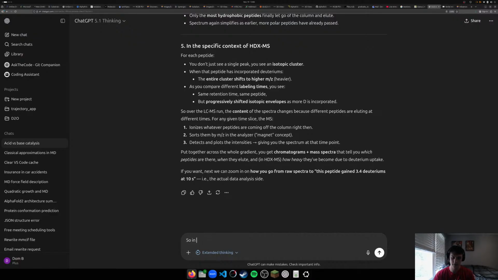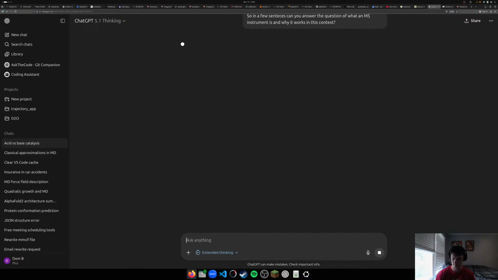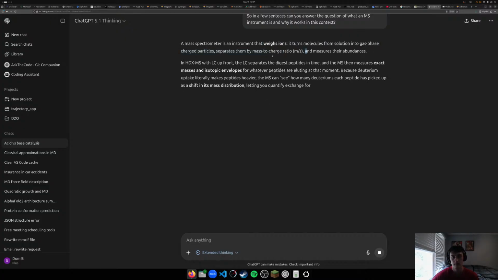So in one sentence, can you answer the question of what an MS instrument is and why it works in this context? Let's see what it says to that. That weighs ions.